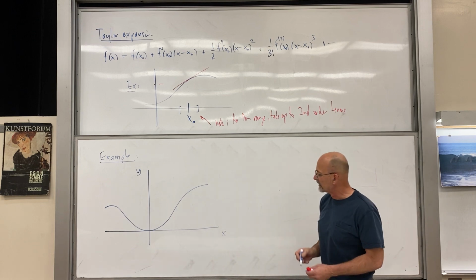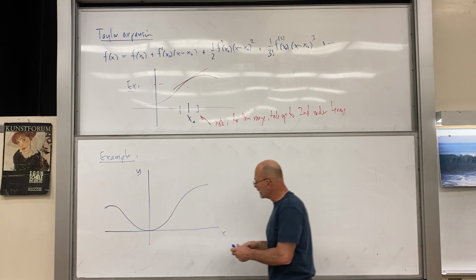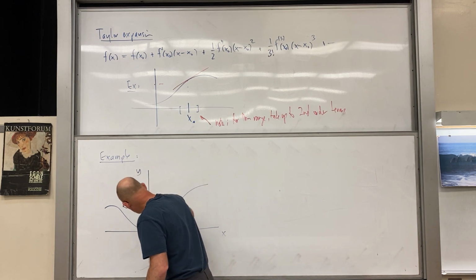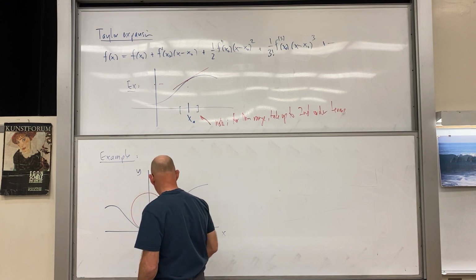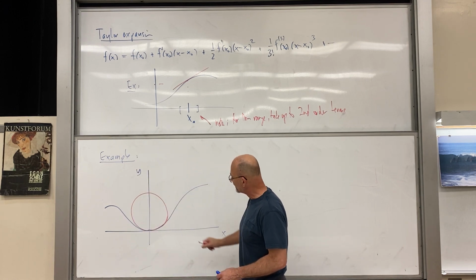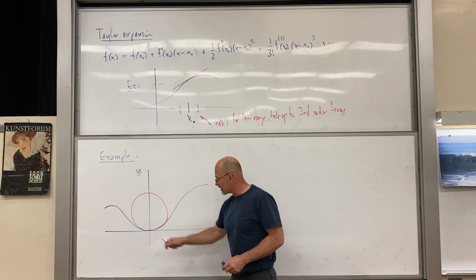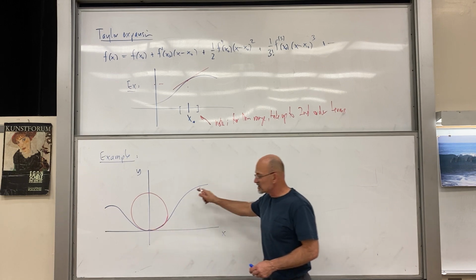Okay, so that's a curve. And what we're going to do is take the circle that nests in this thing. The idea here is that that circle nests perfectly in that curve right at the bottom. And then, eventually it changes a bit.